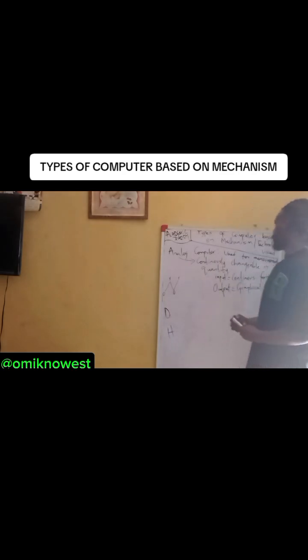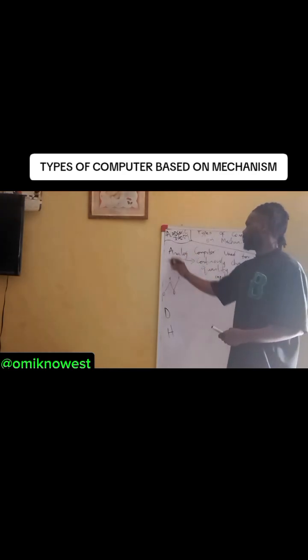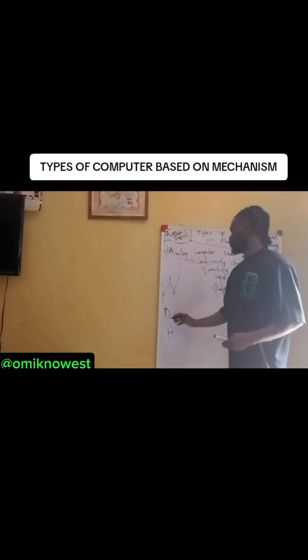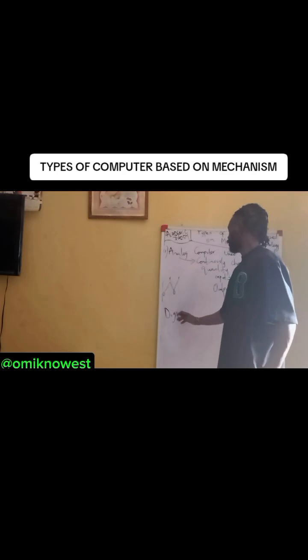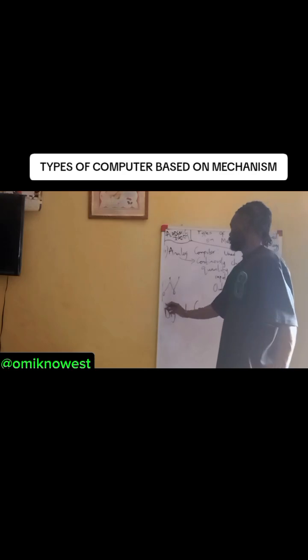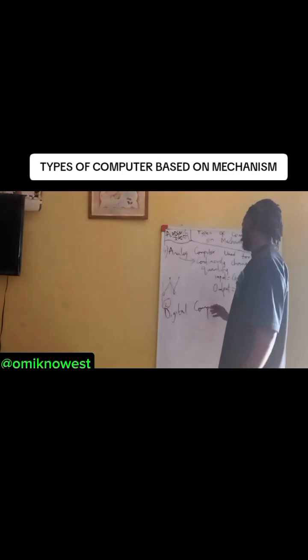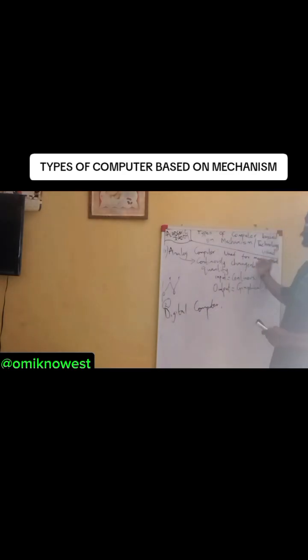Remember I said that types of computer based on mechanism, we use ADH, that is analog, digital, and hybrid. So for the digital computer, which is number 2, unlike this one used for measurements, digital computers are computers used for counting.